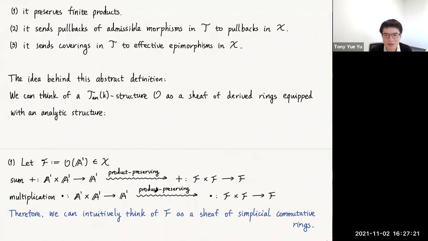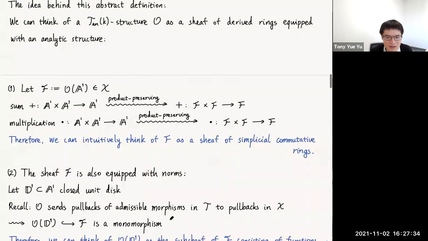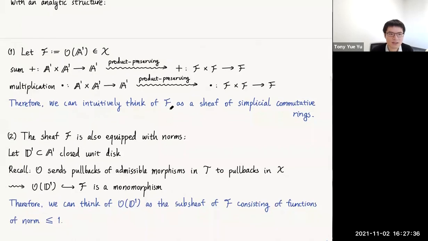Recall that we gave some examples of analytic structures, such as the norm and the composition with convergent functions. And we can construct the norm on the sheaf as follows. The sheaf F is also equipped with norms in the following sense. We consider D^1 in A^1, the closed unit disk.